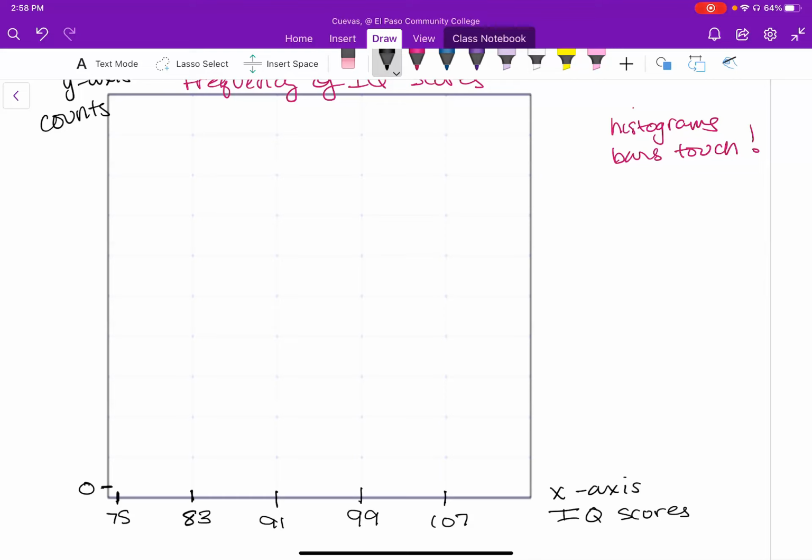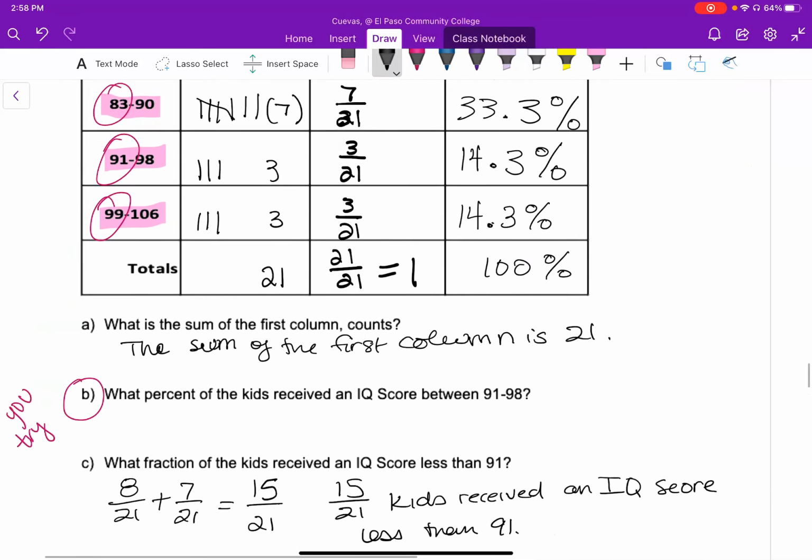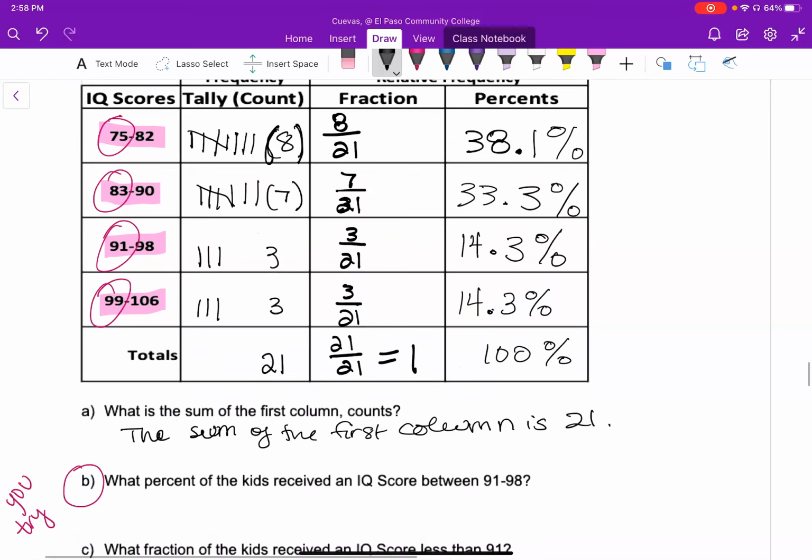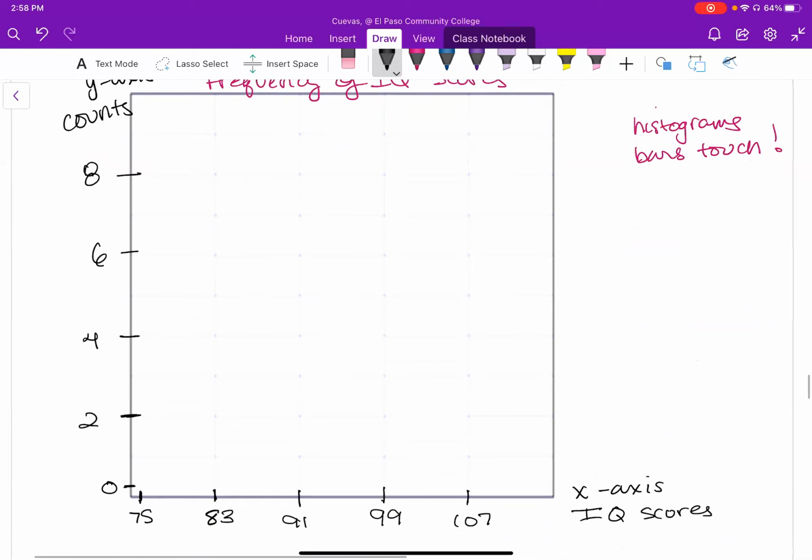So I have 0, I'm going to go every 2: 2, 4, 6, 8. And I went up to 8, let me refresh your memory, because the highest count was 8. And we are ready to get started.